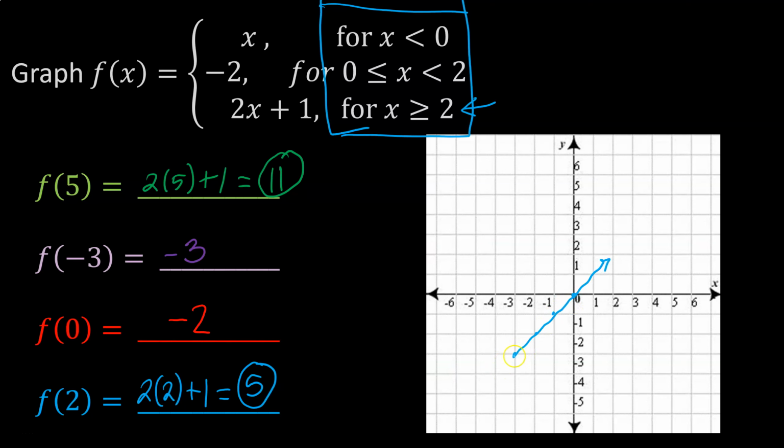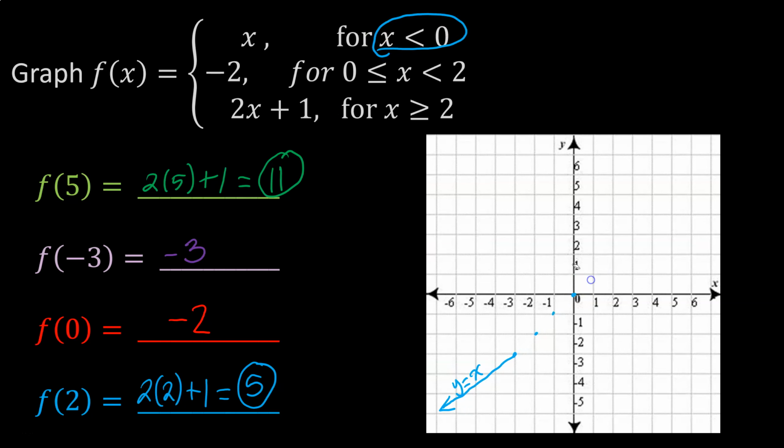That would be your function y equals x. But we do not take the whole entire line. We only take the part where x is less than 0. So we don't have this piece here. We only go up to here. And this is an open dot because x is less than 0. Okay, so that's this piece right here.